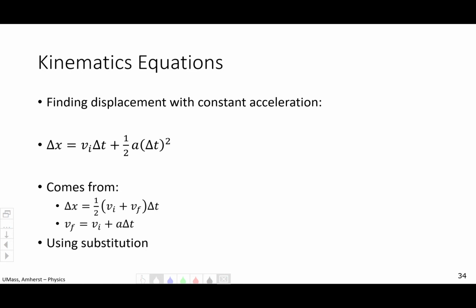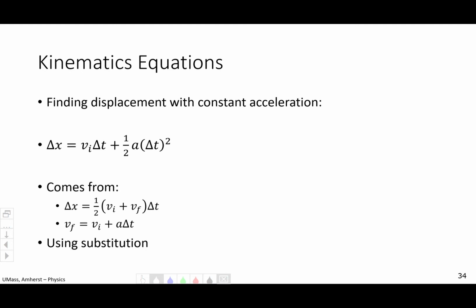And it's very important that only the time is squared. Okay? So if we want to find displacement, what we're going to need is the initial velocity, its acceleration, and how much time it takes to go from the initial velocity to its final velocity.